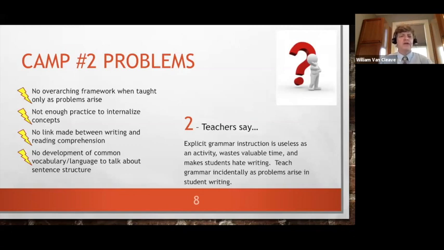Also, we really don't have a development of a common vocabulary or language to talk about sentence structure. So just to give you an example, there's this 4-legged object that sits in most of your houses, and on that object you put things. You might put food, or you might put a computer, or maybe you put some books or plants or something, and that thing is called a table.